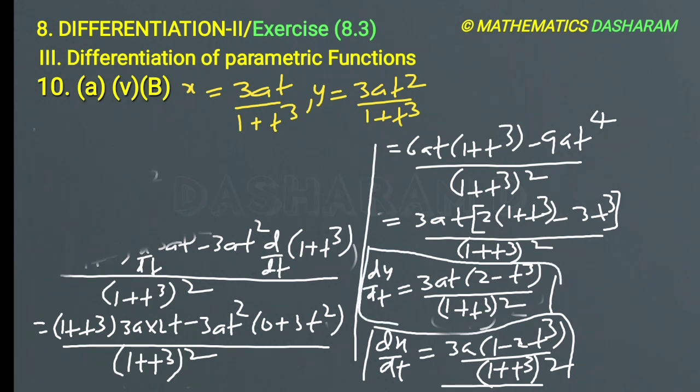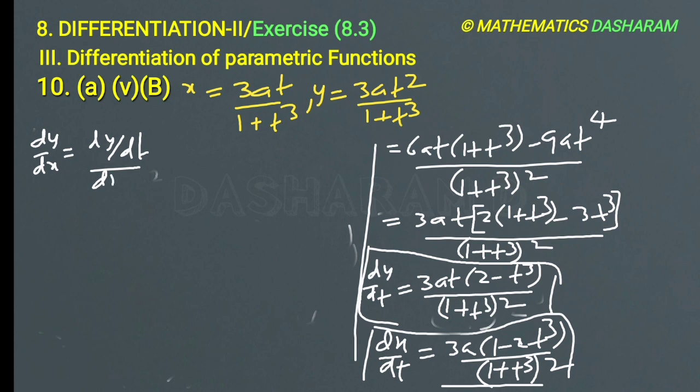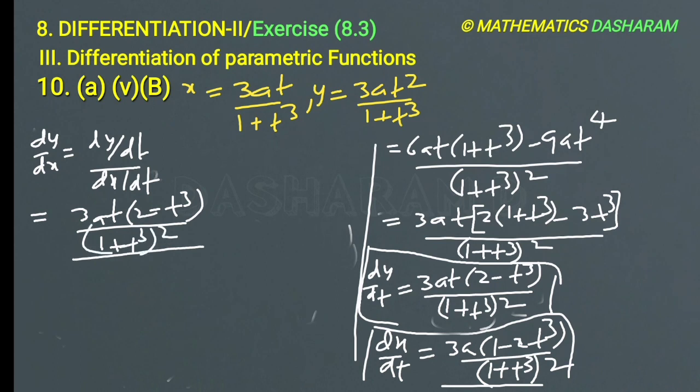So now our required answer dy/dx. Let us find it. dy/dx equals dy/dt divided by dx/dt. Then it equals 3at(2 − t³) divided by (1 + t³)², divided by dx/dt which is 3a(1 − 2t³) divided by (1 + t³)².